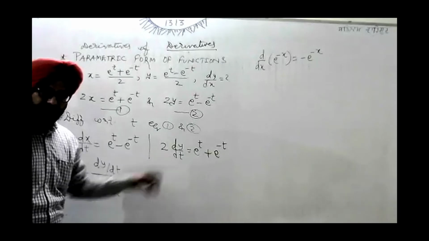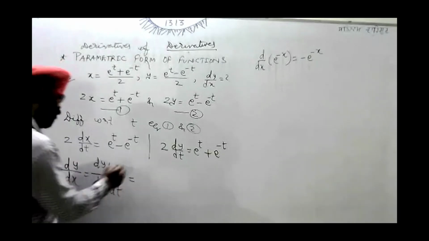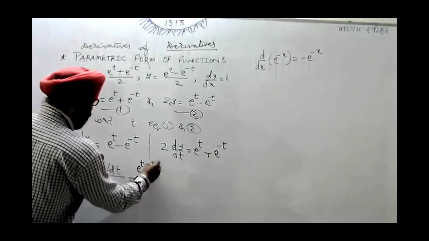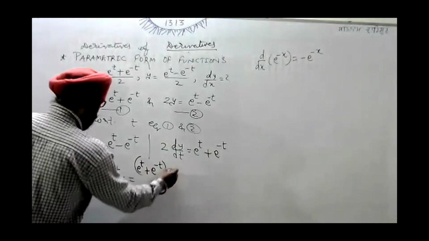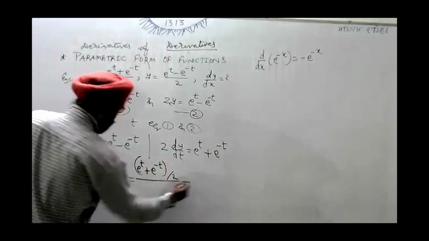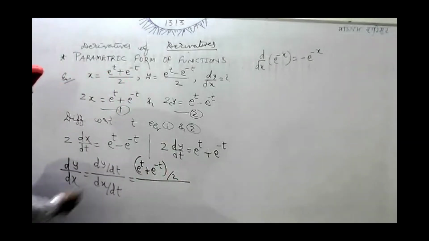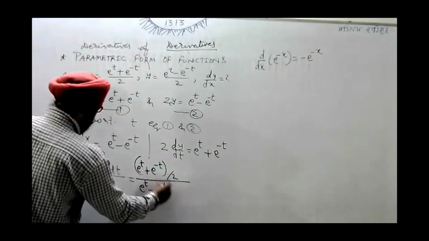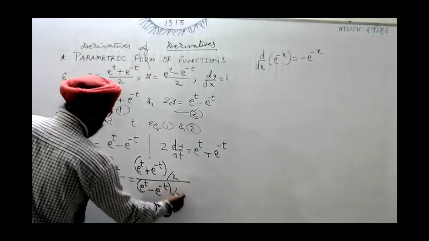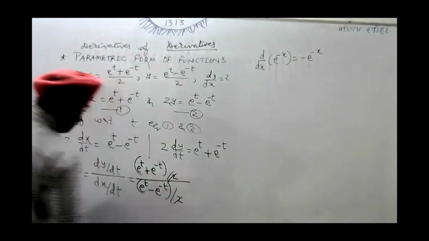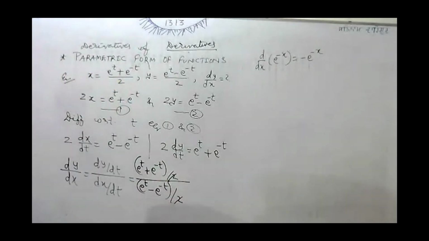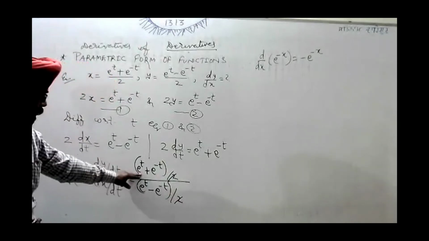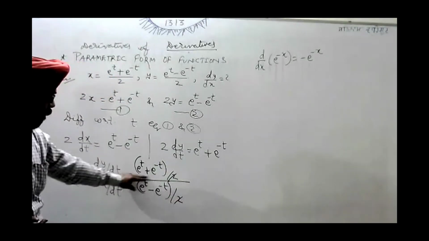What is the value of dy by dt? e to the power t plus e to the power minus t whole divided by 2, upon denominator e to the power t minus e to the power minus t whole divided by 2. These two cancel out. We can finish this here only.